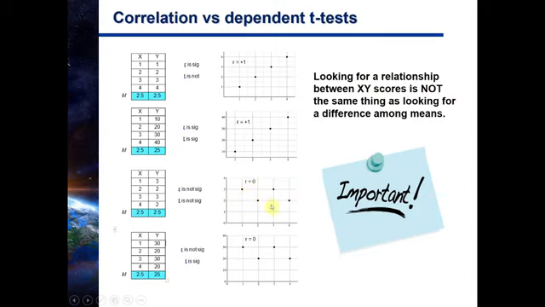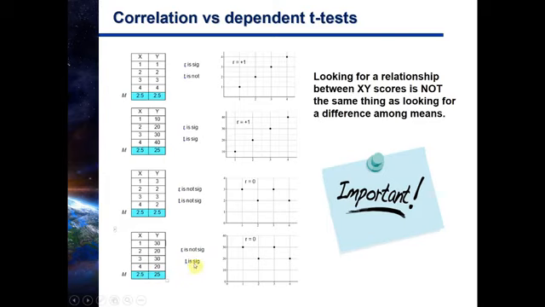So if you were to actually calculate the R value here, you'd get R equals 0, which would give you a non-significant result. If we go ahead and calculate the mean for X and the mean for Y, we would see that they are identical. So in this particular case, t would also be not significant. All right. And then in this last example, you would get an R value that is not significant, and that's illustrated here. And by comparing the means, you would see that t is probably significant.